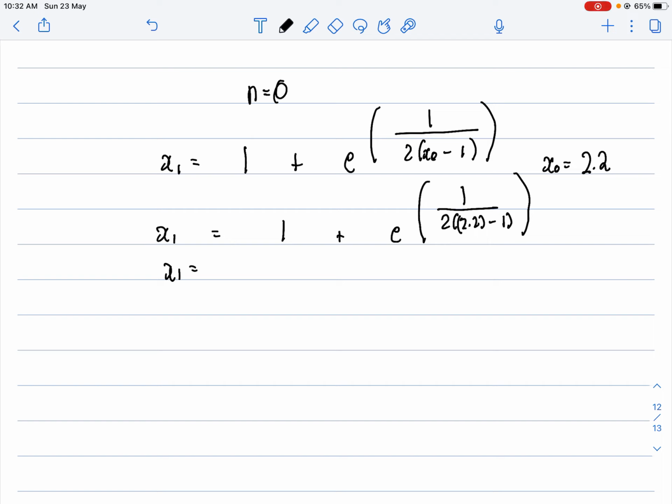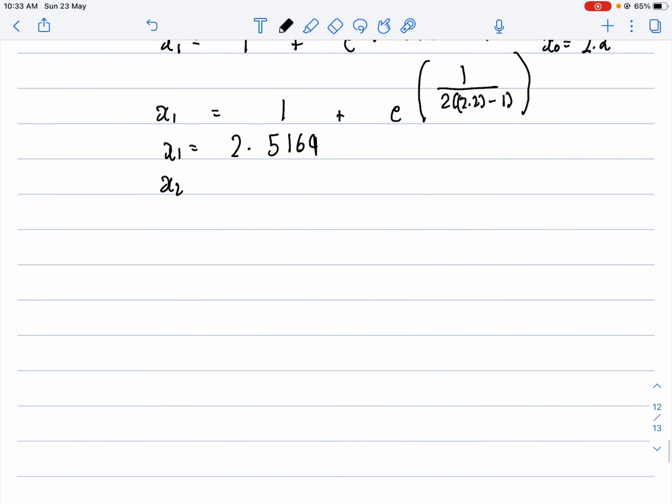Write exactly this on your calculator, because now we'll have to use our calculator a lot, because iteration is fully about the calculator. Now I get this as 2.5169. Now for x2, what I simply do is, remove 2.2 and click on the answer button.